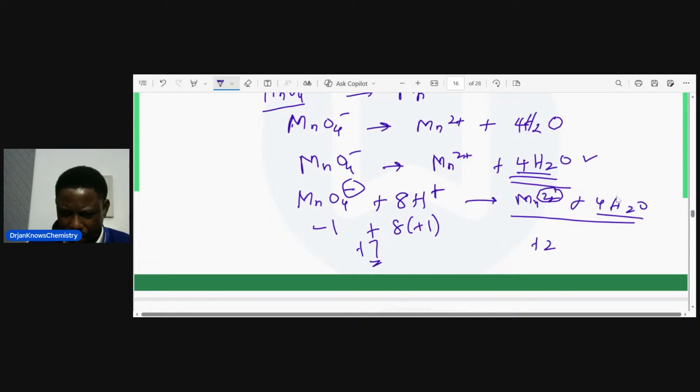There is no charge on water because it's neutral. So we have plus 7 here and plus 2 here. That shows that we are going to add electrons to this side. We're going to subtract 5 from here, so it's like adding 5 electrons. 7 minus 5 will give us 2. That is lovely.